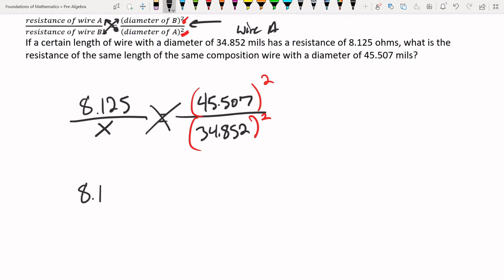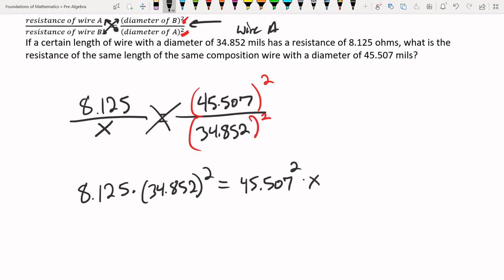We have 8.125 times 34.852 squared equals 45.507 squared times x.